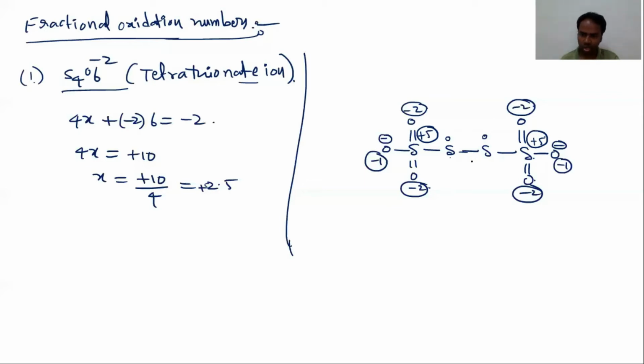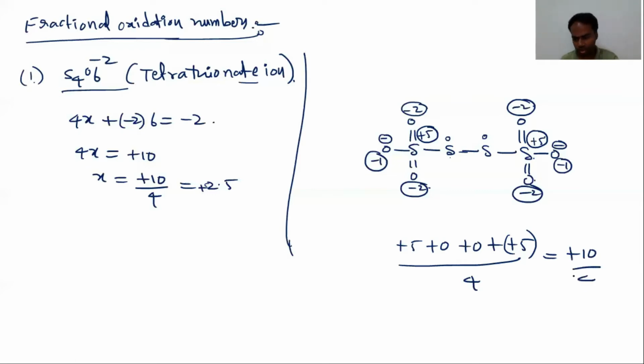Count the total sum of charges: +5, 0, 0, +5. Total 4 sulfurs, so that is +10 by 4. Among 4 sulfur atoms, +10 charge is present. That is the meaning of +10 by 4.